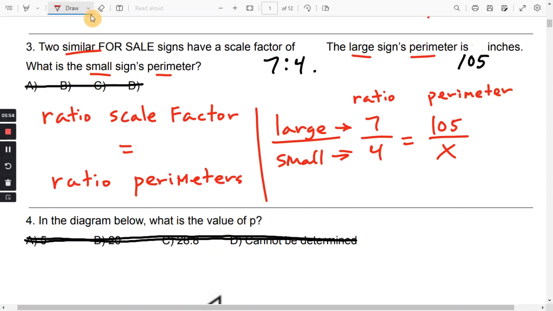Once you set it up, you're in business. Cross multiply. 7 times X, top times bottom. Bottom times top, 4 times 105.